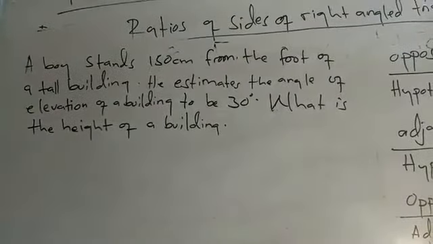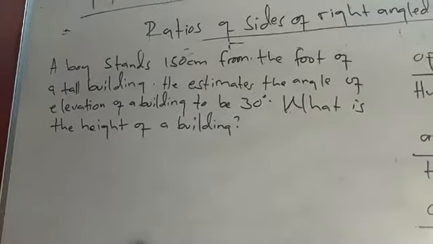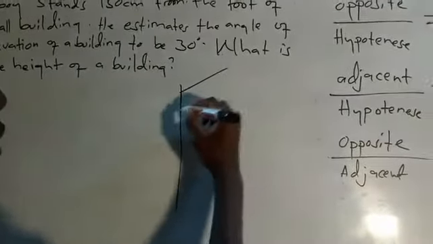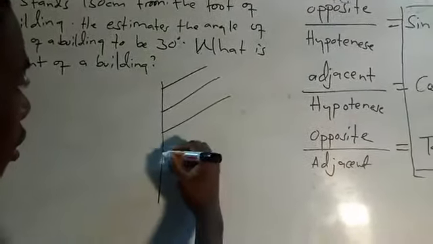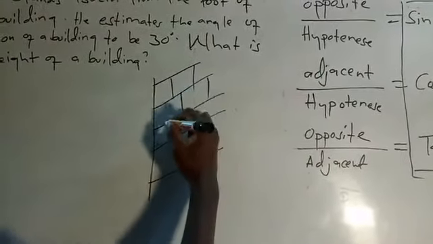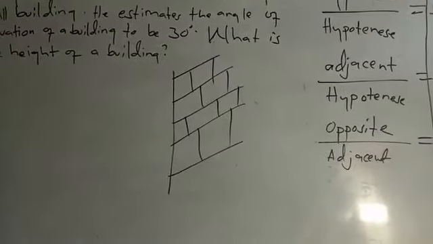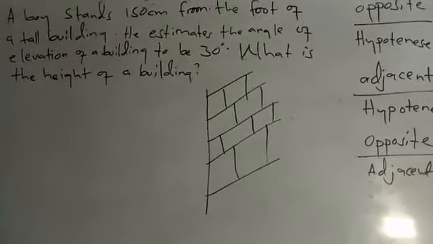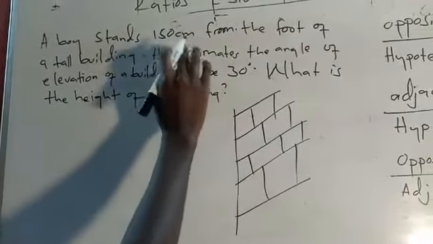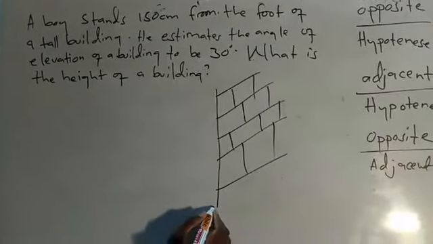So let's try to sketch it here. Let's say this is a building. This is a building, and they say that a boy stands 150 centimeters, meaning this is its foot here.